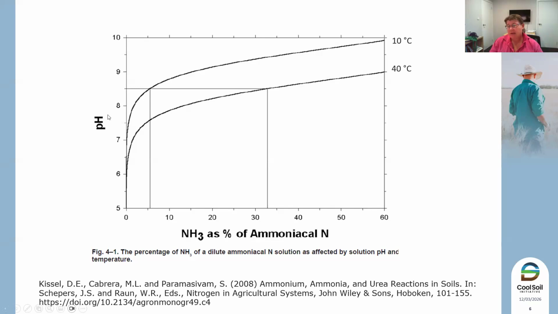And this is just saying that if you're in pHs less than 7, for example, your risk of loss due to pH and temperature is very low. But as you get more into the alkalis and you hit greater temperatures, then your loss pathway is going to accelerate.